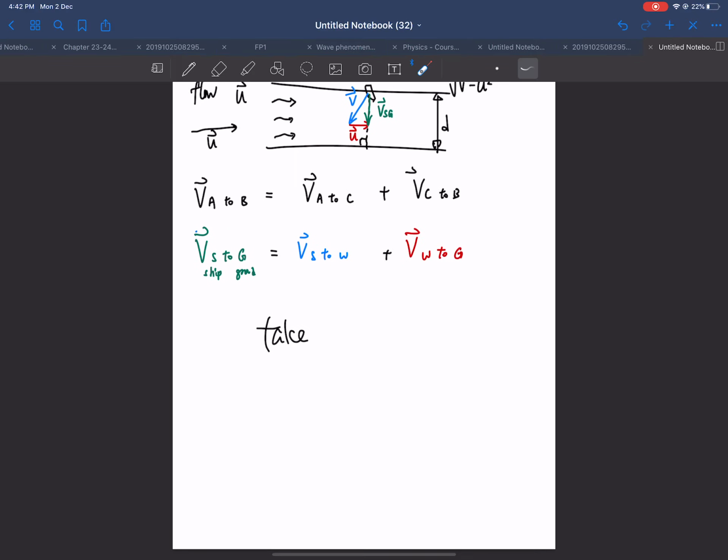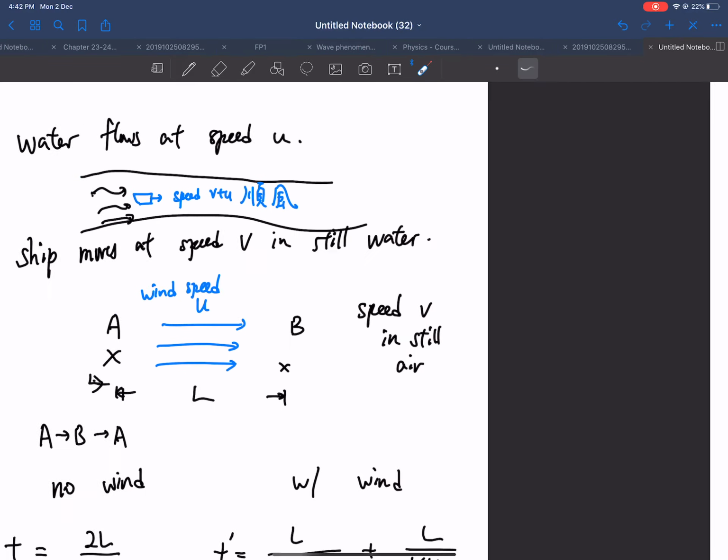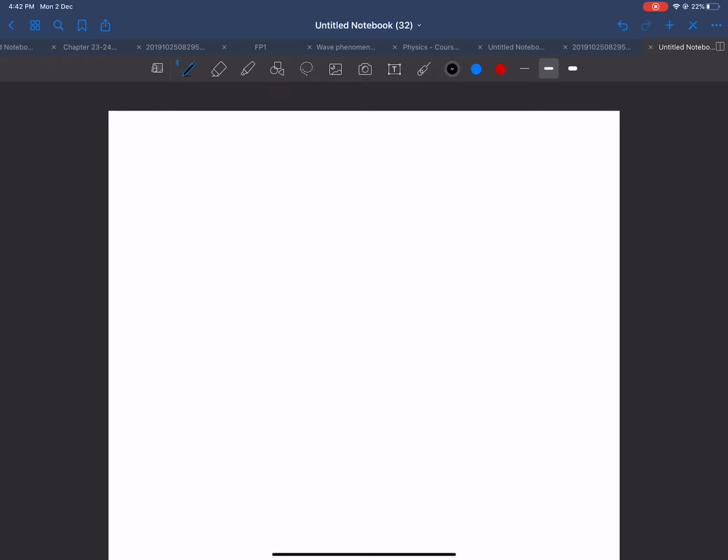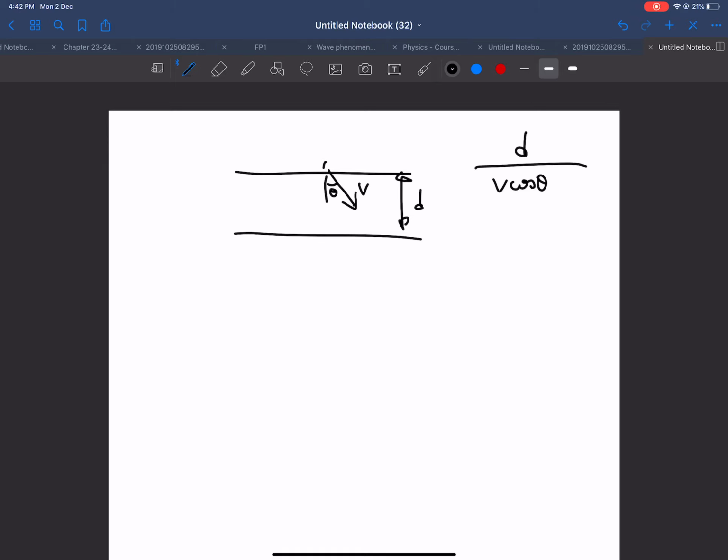Even if the ship is moving in this direction, where v is the final velocity relative to the ground, the time taken will only be d over v cosine theta. That's the distance d over the vertical component of the velocity. So you should move straight down.